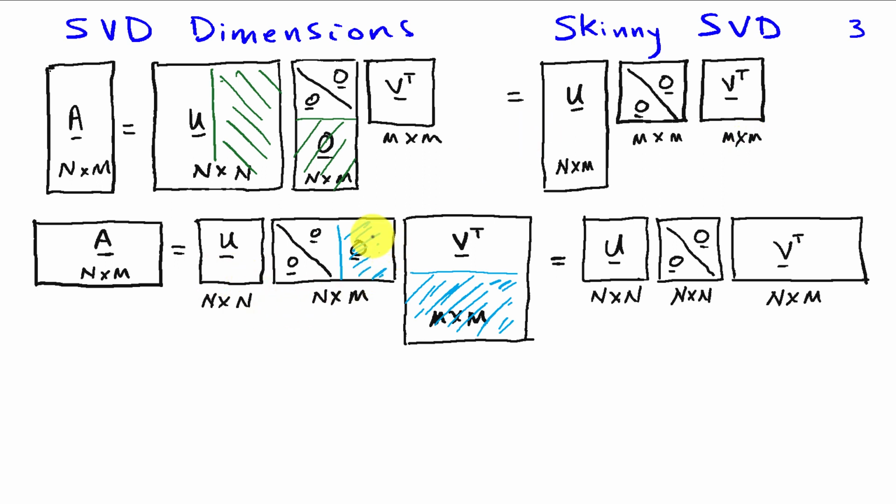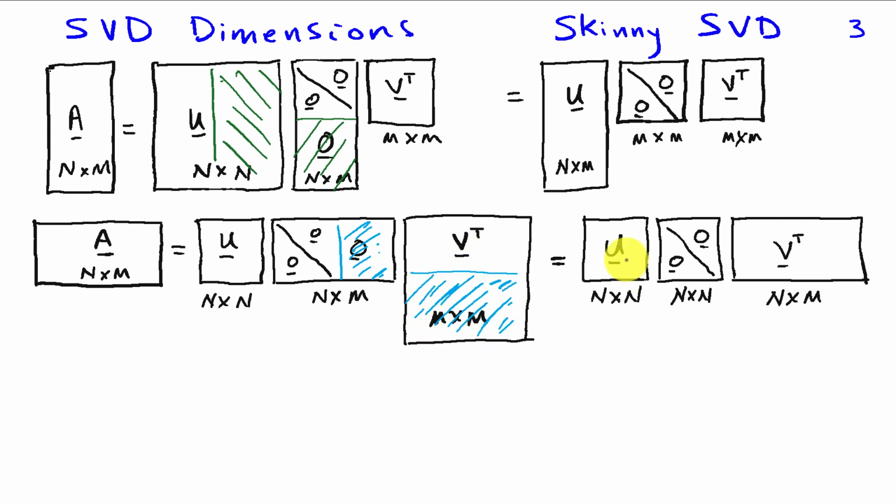Similarly, in this case, my sigma has a block of zeros on the right side, and when I multiply sigma times V transpose, those zeros are going to interact with the lower rows of V transpose and eliminate those rows from any contribution.